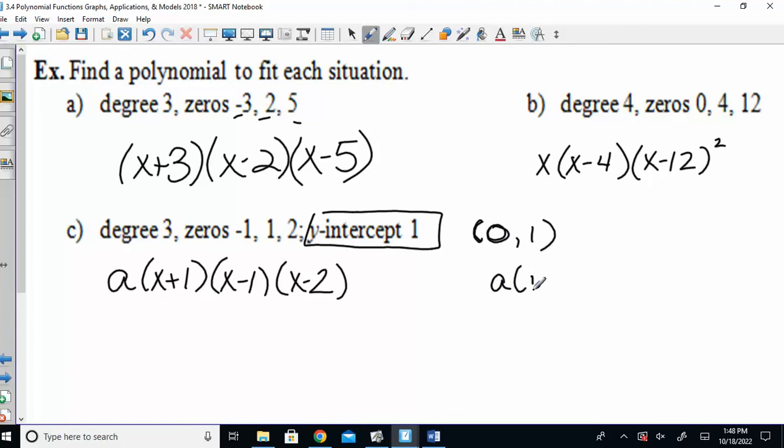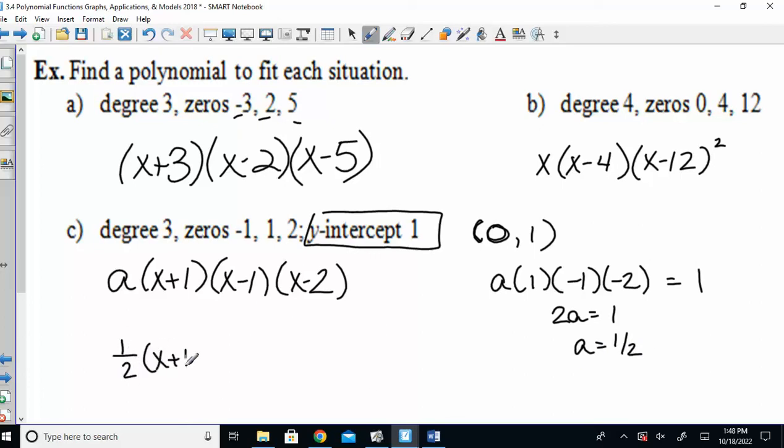So if I plug in a 0 for all my x's, 0 plus 1 is 1, 0 minus 1 is negative 1, 0 minus 2 is negative 2. This whole thing has to equal 1. So this gives me 2a equals 1. So a is 1/2. So my polynomial has a 1/2 out in front.